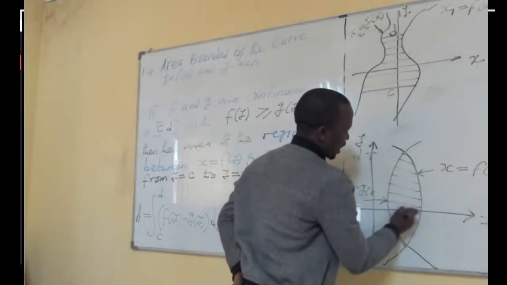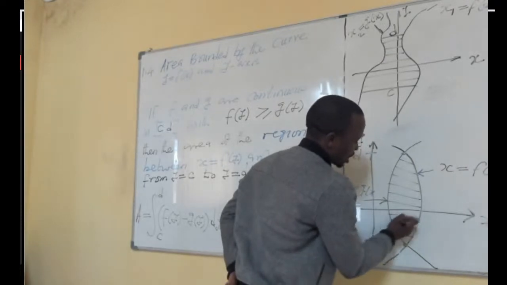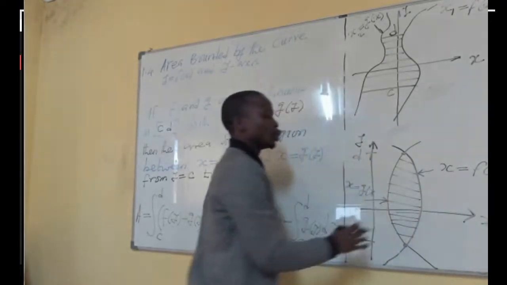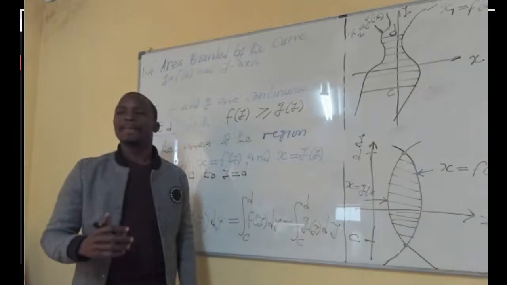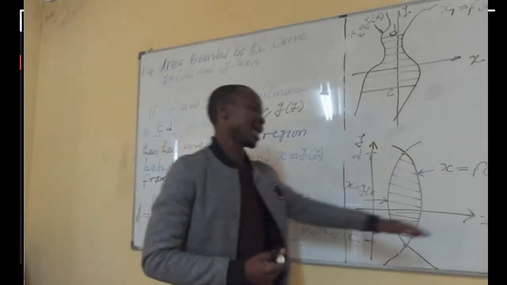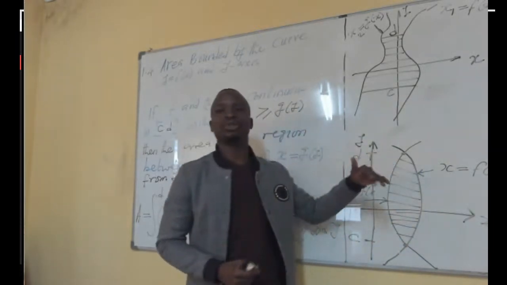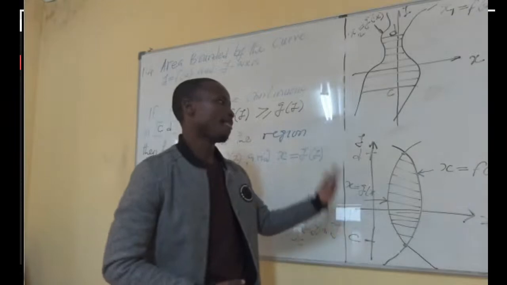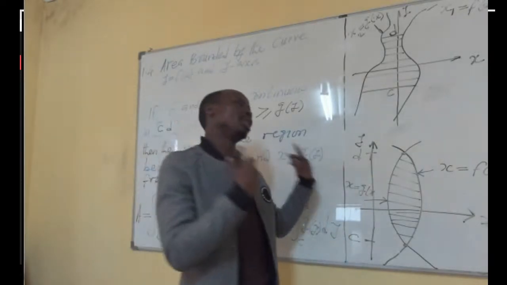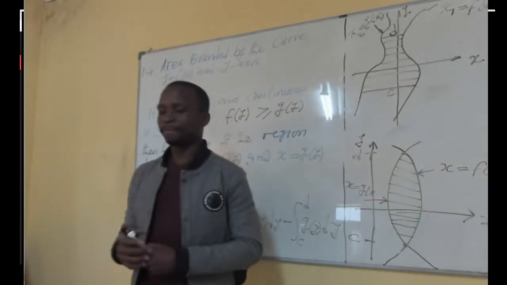So when finding the area of this shaded region, if you look at the way this graph has been sketched, you cannot make your limits of integration to be the x ordinates. Instead, to make your work fast and easy, you should change your limits of integration to be the y values.